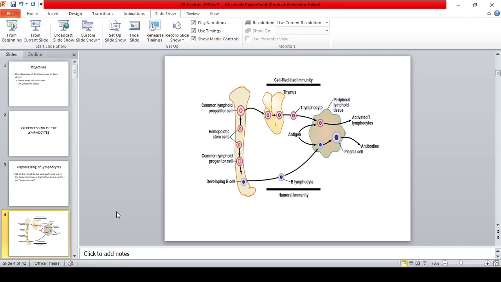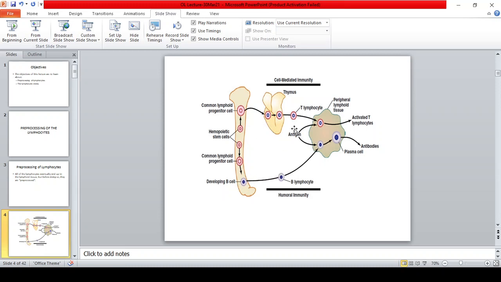Now you can see in this figure, which is taken from the textbook of Guyton, that all the lymphocytes take their origin from the common lymphoid progenitor cell, and they develop into the T lymphocytes or the B lymphocytes.